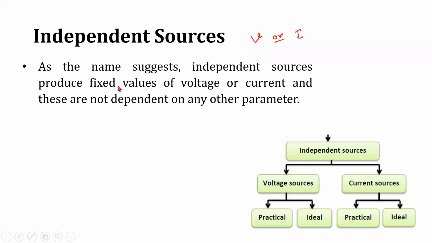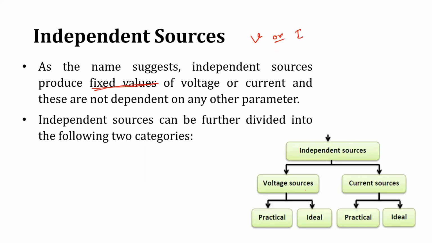They provide a fixed value and don't depend on any other parameter. Independent sources can be further divided into two types: independent voltage source and independent current source.